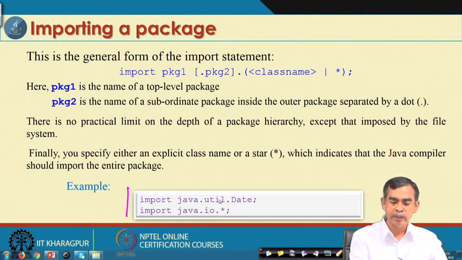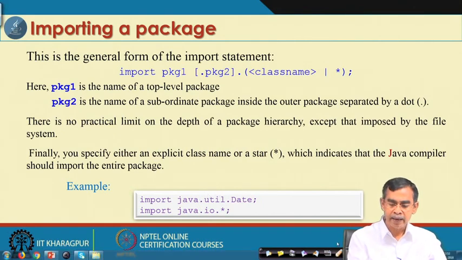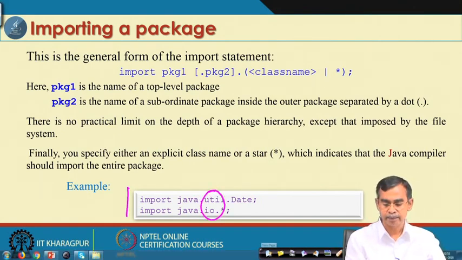So, util and io are two API packages and we can access them. This is the import statement; it is very simple, and you have to specify it.